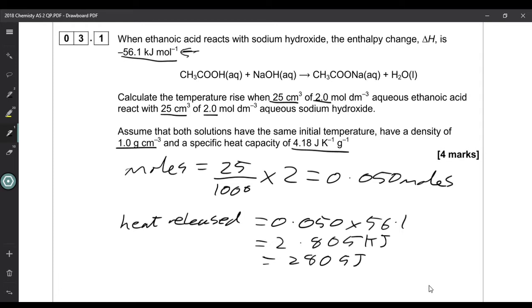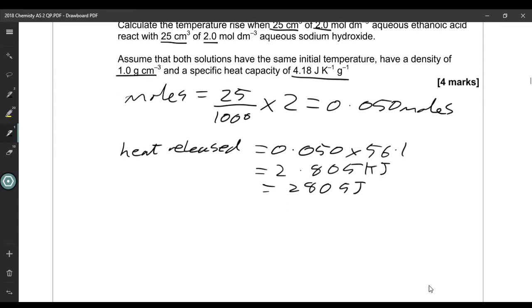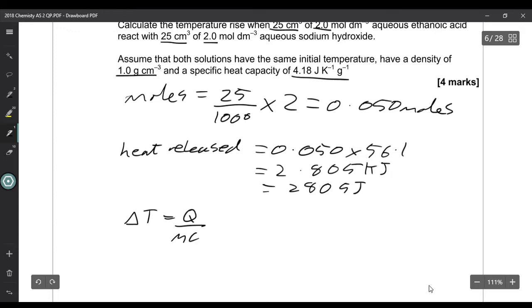So now we've got the amount of heat released, we can calculate the temperature rise. So the temperature rise is delta T equals Q over MC. So Q is the amount of heat released, which is 2805.